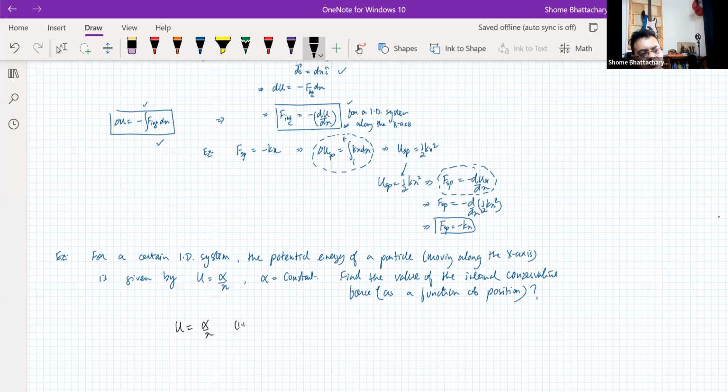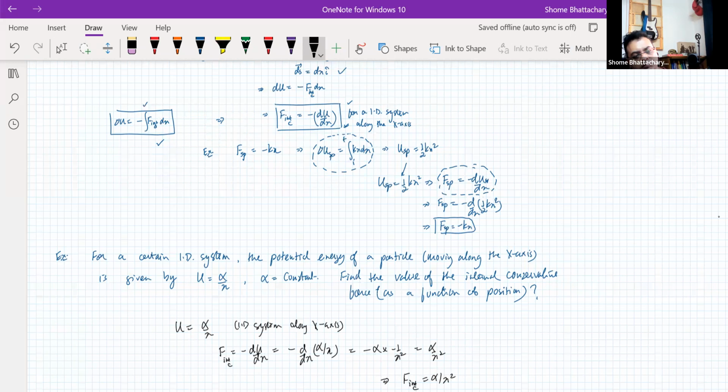So it's a 1D system along the x-axis. So force will be the negative of the differentiation.